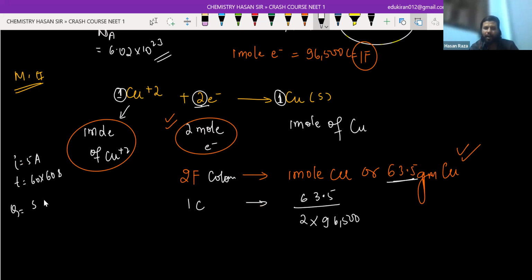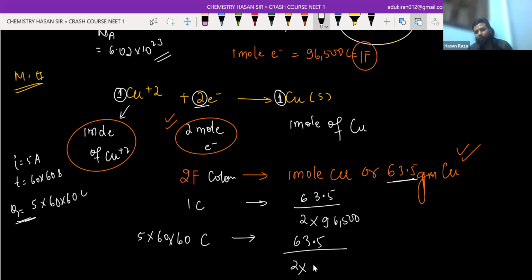Q is equal to I into T. So basically we need to calculate the mass deposition of copper with this flow of charge. So this much coulomb will deposit 63.5 upon 2 into 96,500, into 5 into 60 into 60, this much gram.